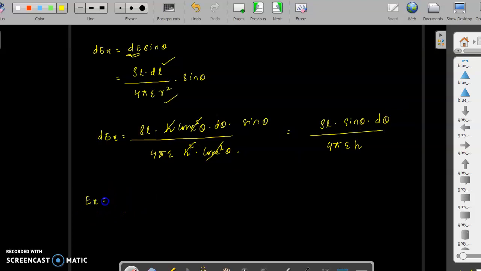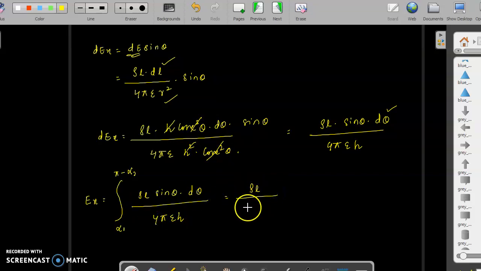So Ex is the x-axis component of the electric field intensity at point P due to the total line. I am integrating with respect to theta, because here we have the function d theta. So this becomes the integral from alpha 1 to pi minus alpha 2 of rho L sin theta d theta over 4 pi epsilon h. rho L you can take out, it is a constant.